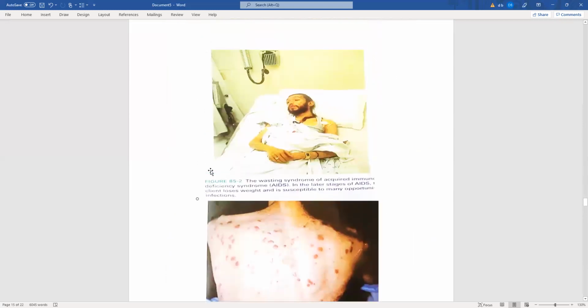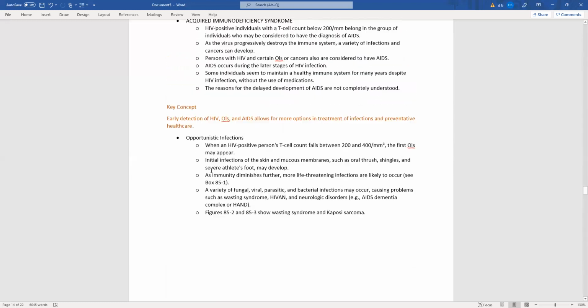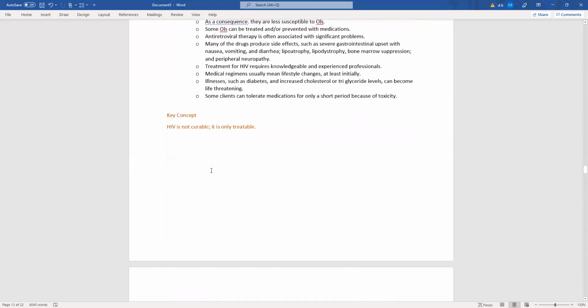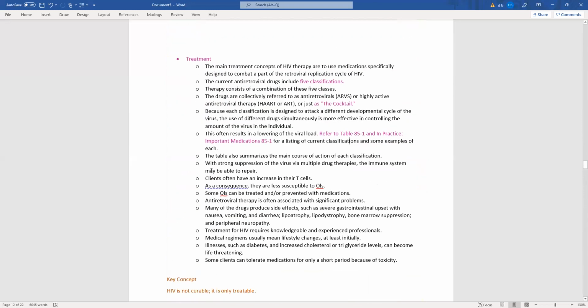This is in the new book. It's a box at the very bottom. It says in practice important medications 85-1 HIV medication. So just go take a look at that box. I really thought I put that box in here. I'm flabbergasted I didn't, but oh well.